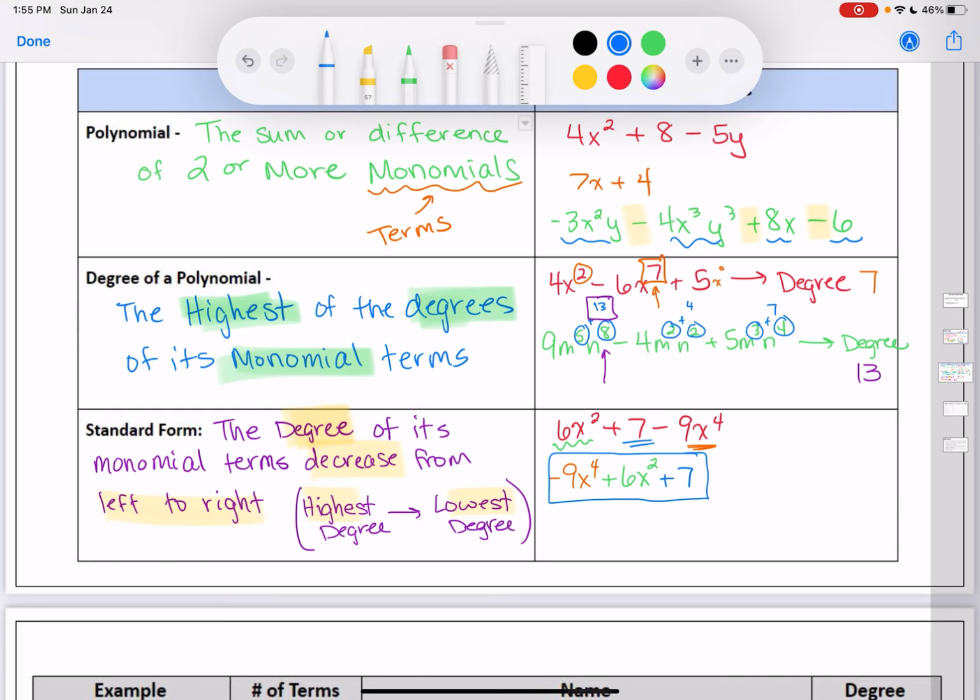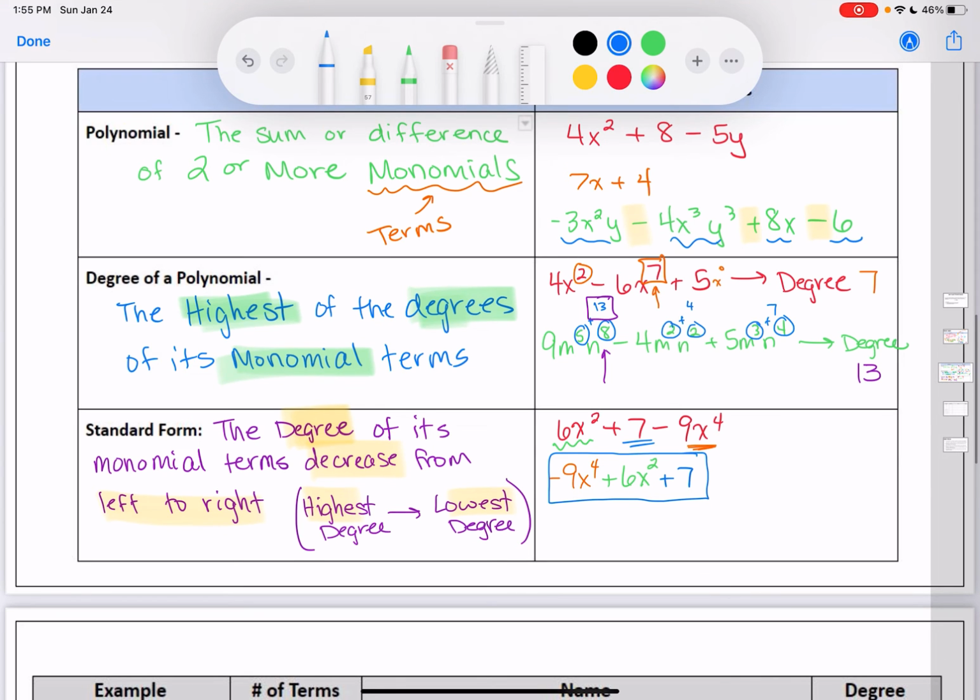It's definitely easier to put things into ClassKick or Edulastic because otherwise there'd be just a million possibilities for your answers. So we'll just make sure that when you write your answers, you're writing them in order from biggest degree down to smallest. And we'll practice that every single day along the way.